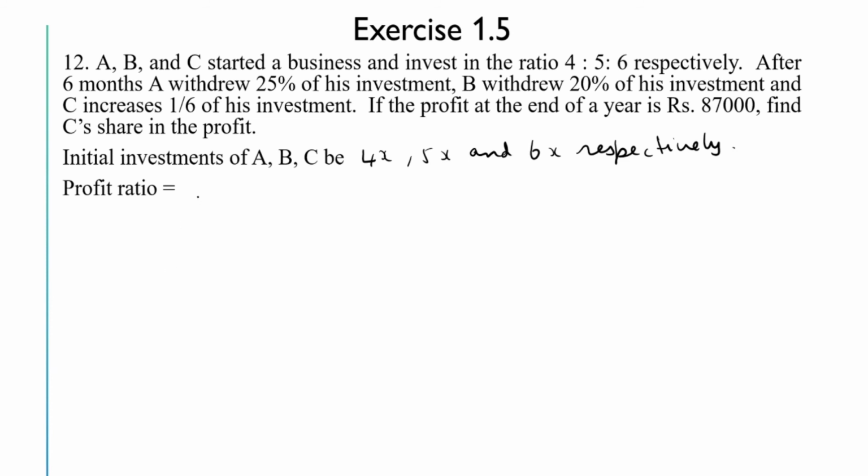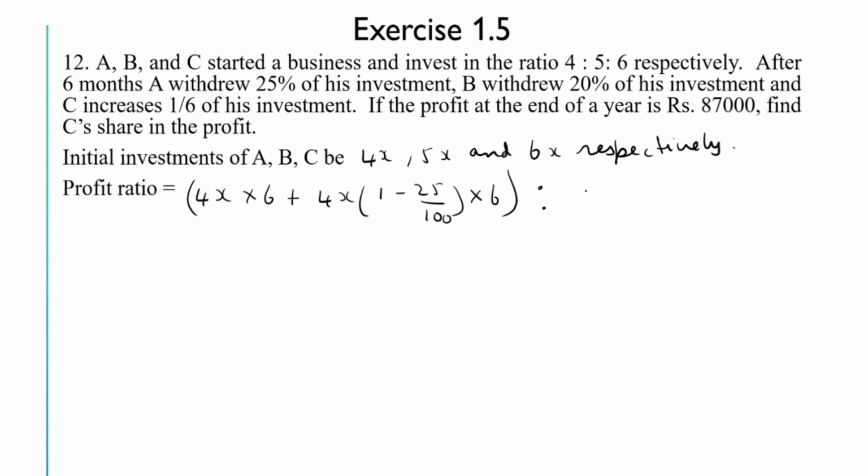So the profit ratio will be, for A, 4x for 6 months plus 4x into (1 minus 25/100) into 6.